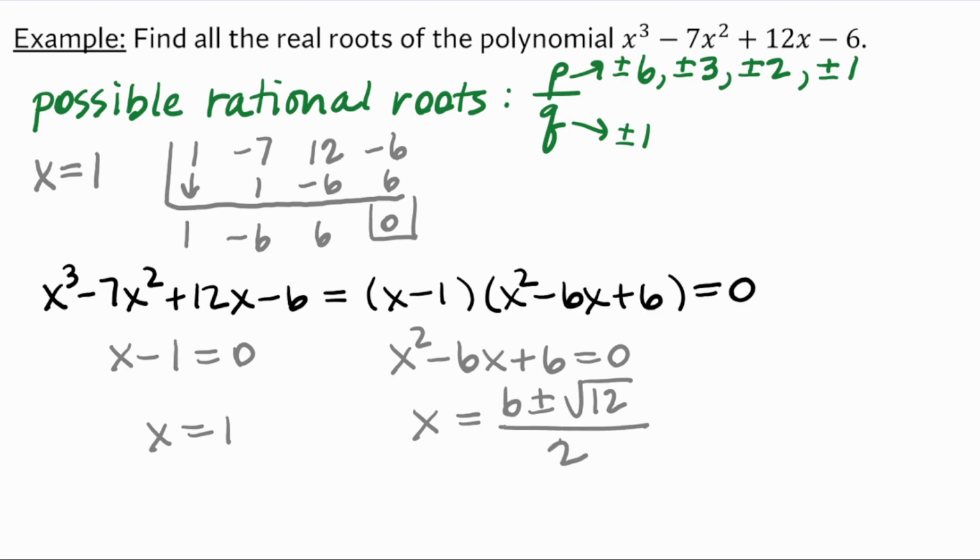Right, so these are my roots. So I could put them off to the side. I could say x equals 1, x equals 6 plus the square root of 12 divided by 2. You could simplify that if you needed to, or 6 minus the square root of 12 divided by 2. Okay. Those would be my roots.